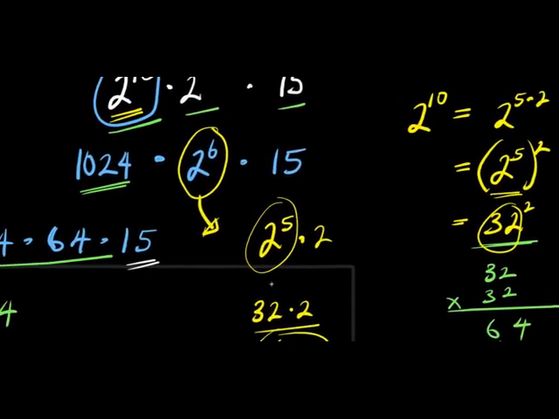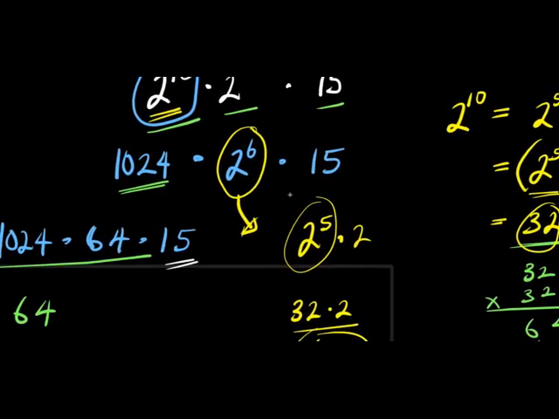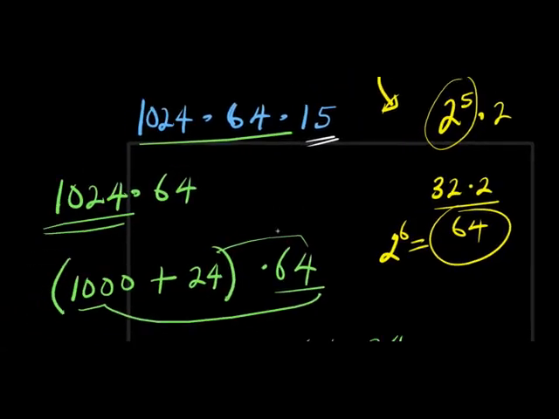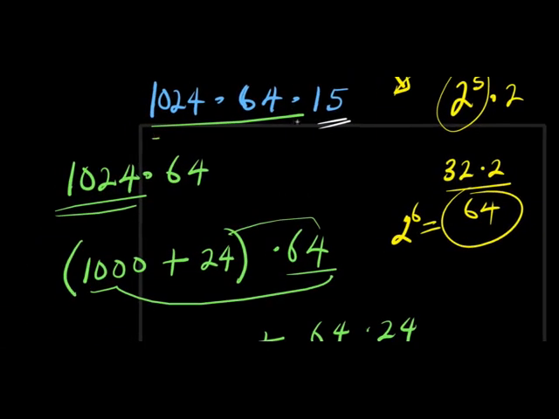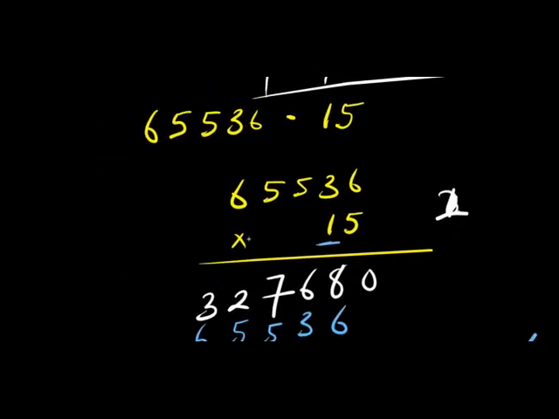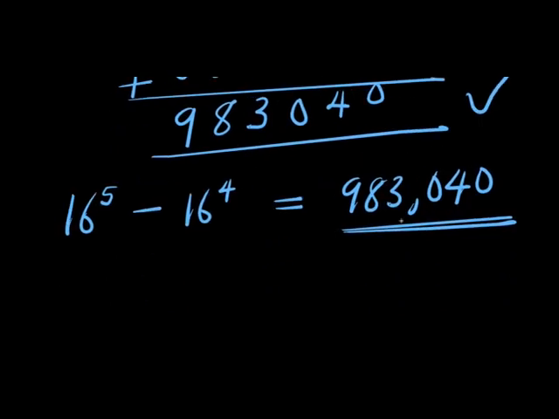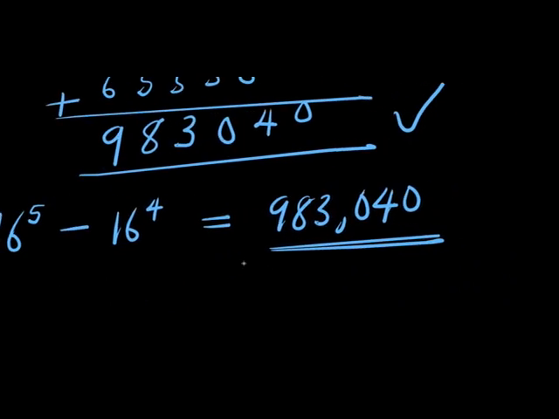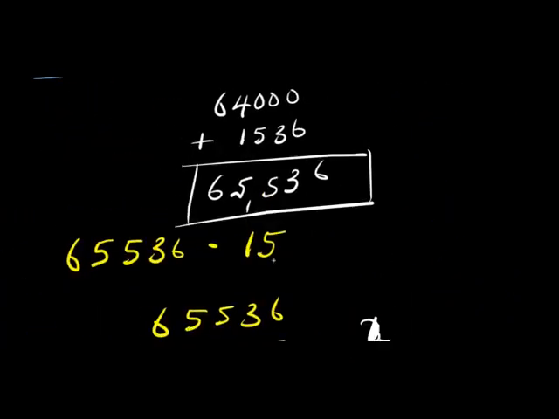If you know it, just insert it. 2 to the power of 6 is 64. 15 is there already. You multiply these two out. Then before you multiply by 15, you can as well multiply 64 times 15, then you multiply by 1024. You still have the same thing. So at the end, after adding and subtraction, you have this 983040.